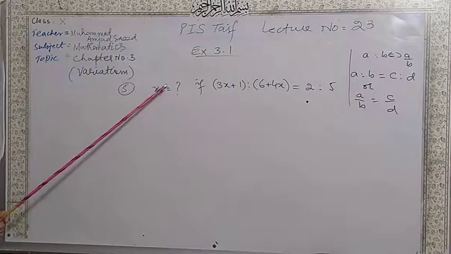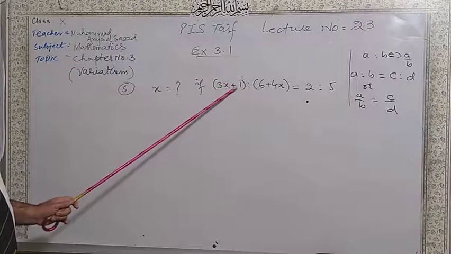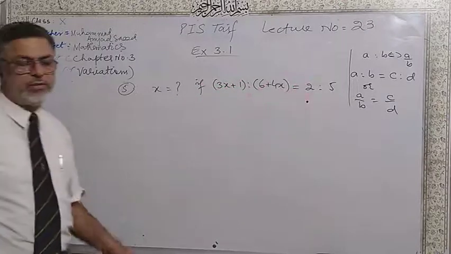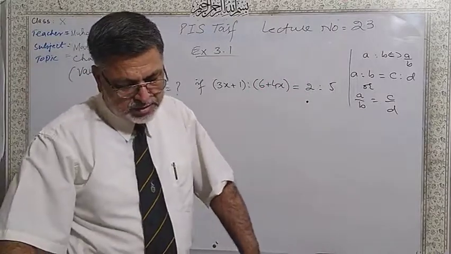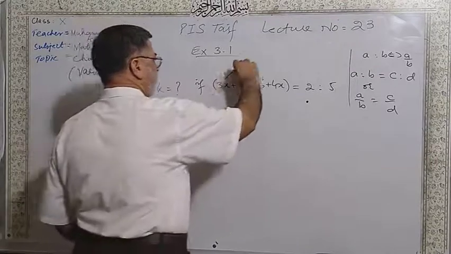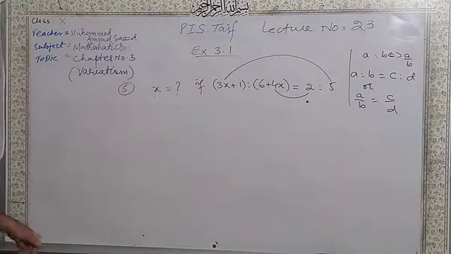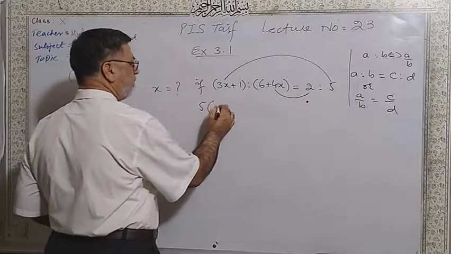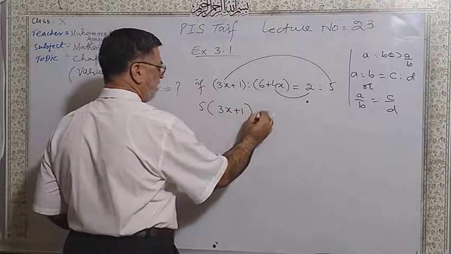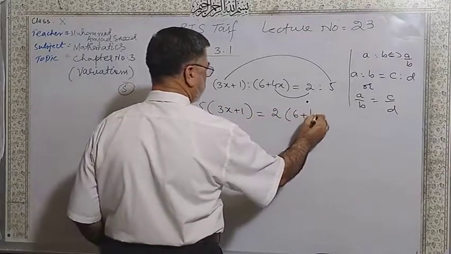You have to find the value of x if the ratio between two values is equal to the ratio between 2 and 5. So the product of extremes is equal to the product of means. You can write down 5 into 3x plus 1 is equal to 2 into 6 plus 4x.